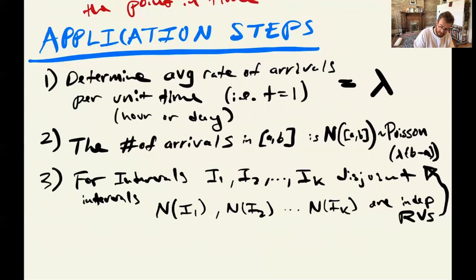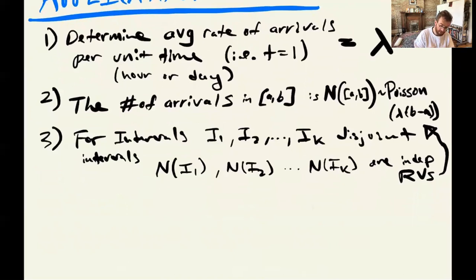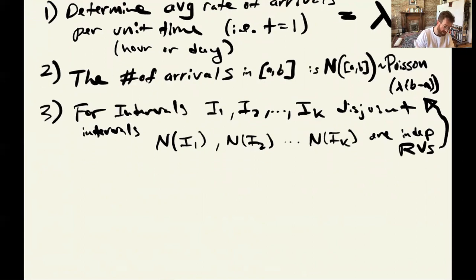Again, governed using this Poisson random variable. This will be useful because then we can ask about probabilities of, let's say, a customer arriving right before lunch, the hour after lunch, and things like that. We'll do some examples in class.